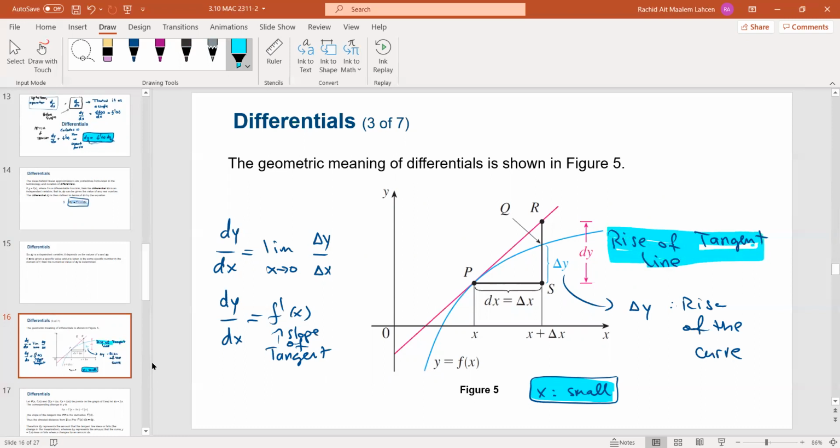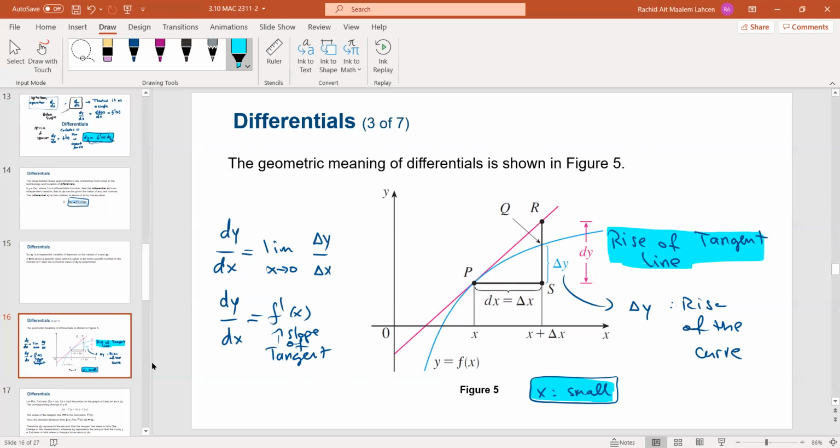So that's the geometric interpretation of it. It still has to do with how the function changes, how y changes. It's a very small change, and we're interested to see how that changes compared to dx, but it is still the rise of the tangent line.